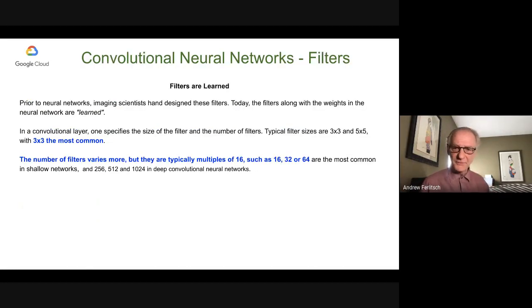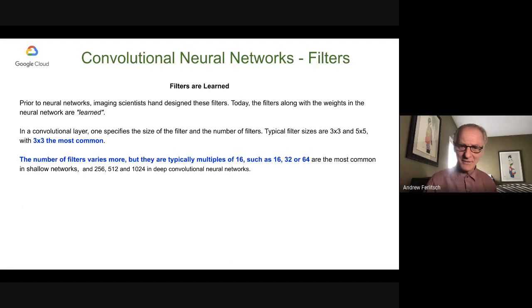So filters are learned, and this is what's kind of different about deep learning. The idea of having filters and sliding them across the image to detect whether there's features there is not new to deep learning. It already existed in the imaging science prior to deep learning, but these filters were hand designed.